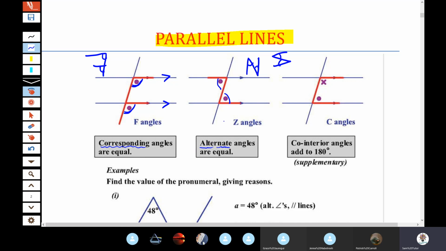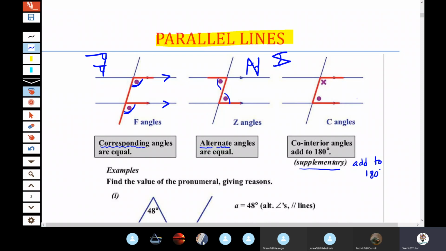So A and Z. Last one is C angles. These ones are not equal to each other. So co-interior angles add to 180. In other words, they're supplementary. Supplementary means they add to 180 degrees.